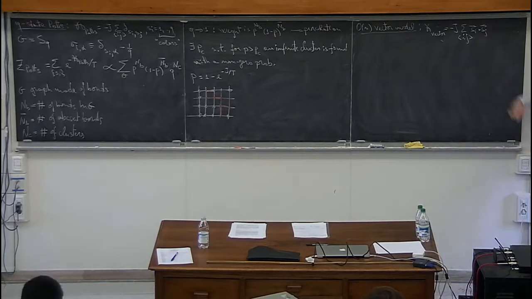Well, these s_i now, the spin variables, are n-component vectors of length 1. So n-component unit vectors.